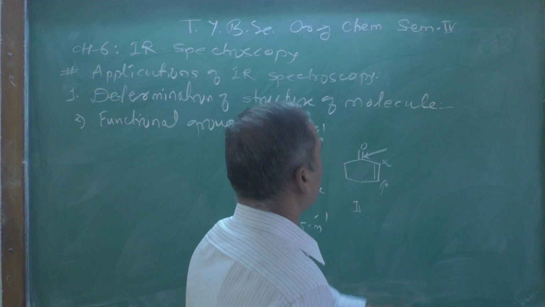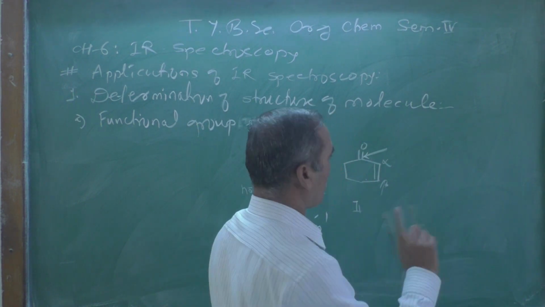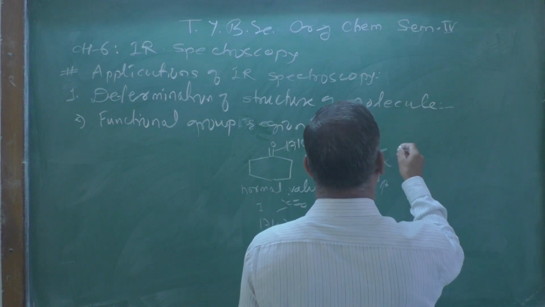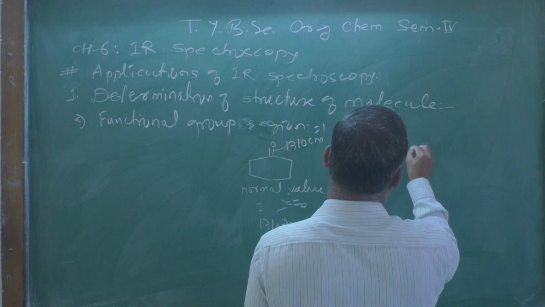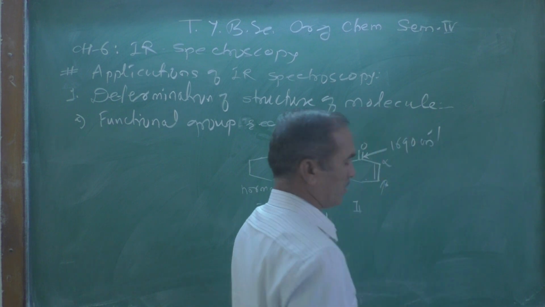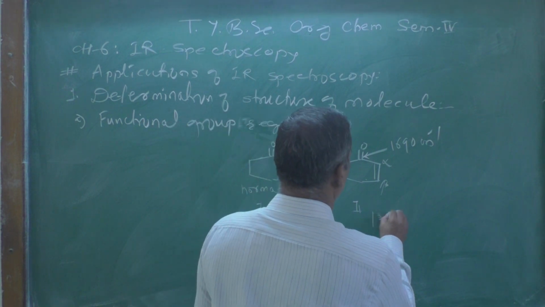Now let's see over here, the shape and size of this carbonyl group never change, only the signal will appear around 1619 per centimeter. It is slightly less than 1715.